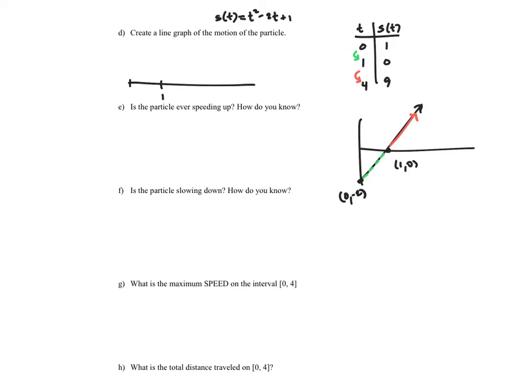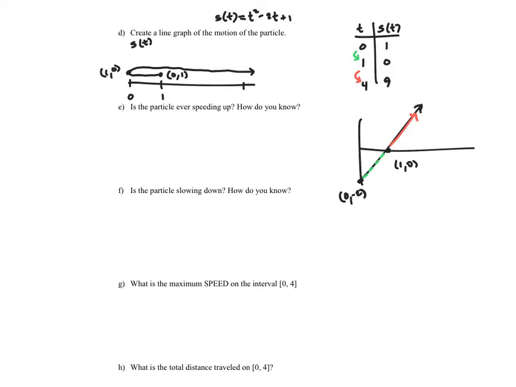Okay, so this is a position graph, line graph that is. And then it comes back here to 0. Okay, so we start here. So at time 0, position 1. And then at time 1, it's at position 0. And then the particle starts to move back to the right forever.